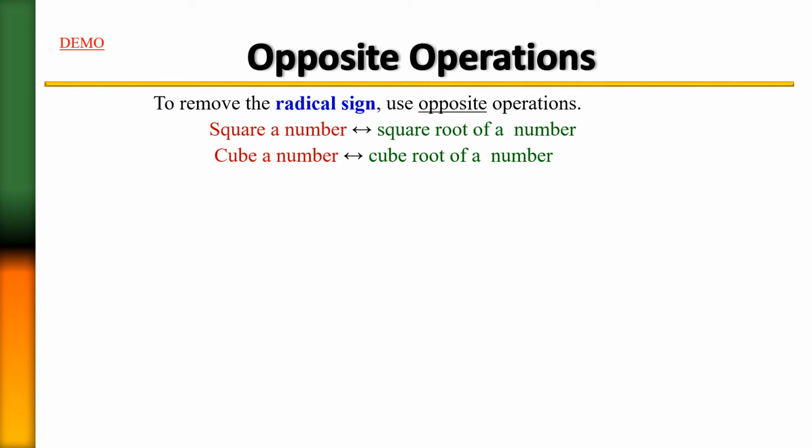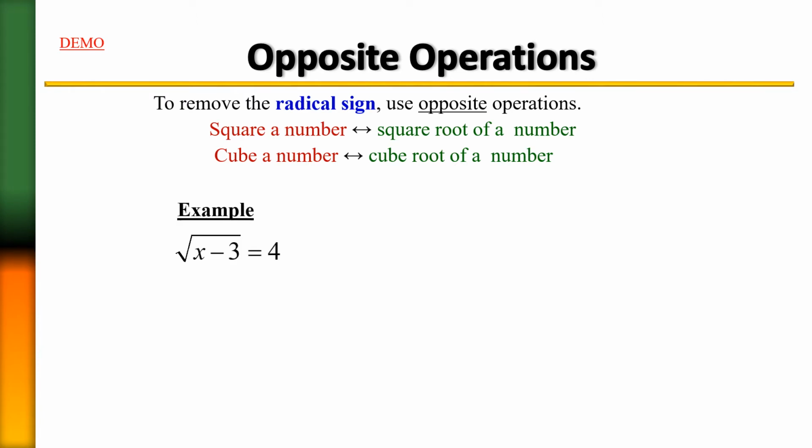Finding the square root of the number is the very opposite, where you take that number 25 and say what number when I multiply it twice equals 25, and that number is 5. So again, squaring a number is the opposite of finding the square root of a number. And also cubing a number is the opposite of finding the cube root of a number.